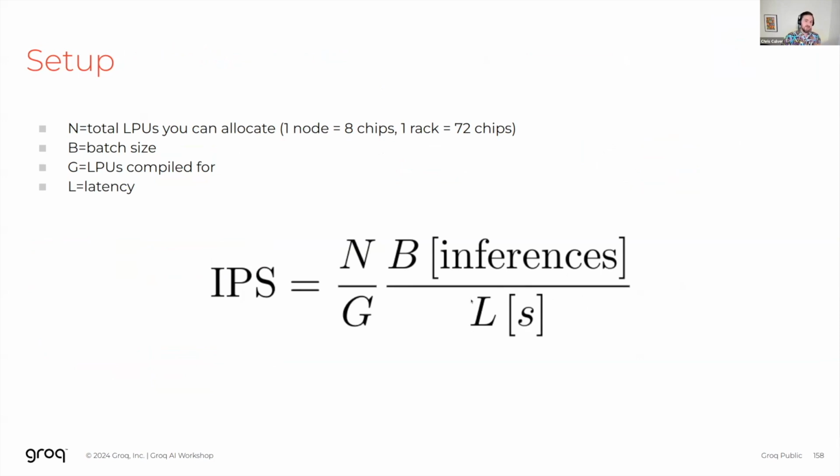Then, if you have a whole rack with n LPUs, which in that case would be 72, though for the one model you'll see I'm only going to stop it at 8 chips, n divided by G is how many times you could run it on all of the LPUs you have access to, whether you allocate a node for a couple of hours or allocate 4 nodes for a couple of hours. You can try to find the best setup for this.